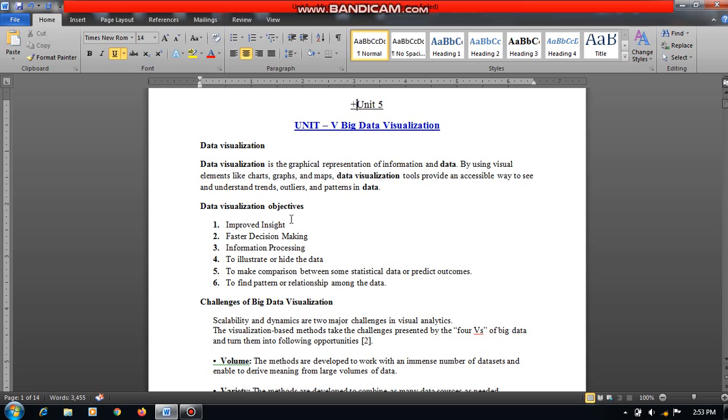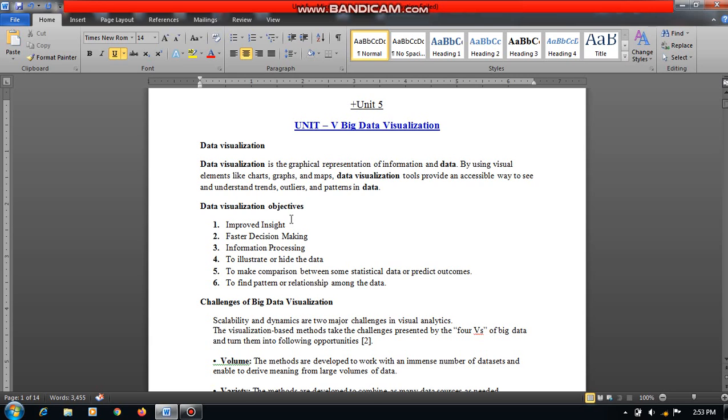Some challenges are based on these 5 characteristics of big data, and some are others. Now we will discuss in detail the different types of challenges that occur because of the characteristics of big data, and the remaining challenges of big data visualization. The first characteristic is volume.